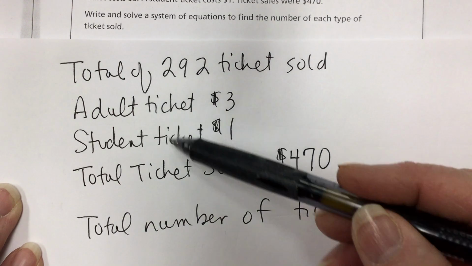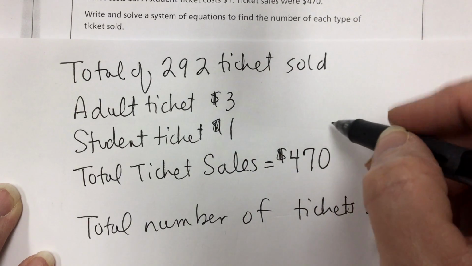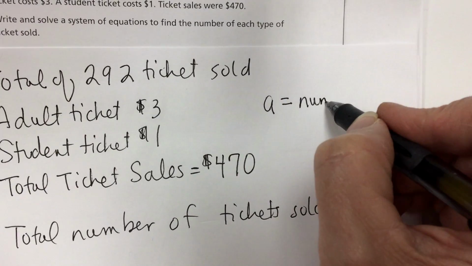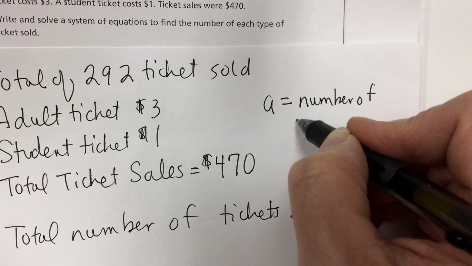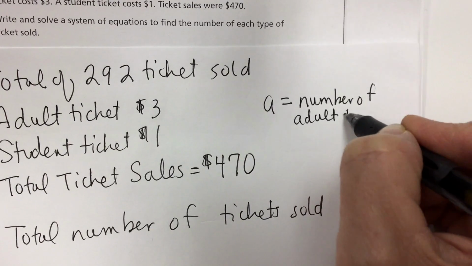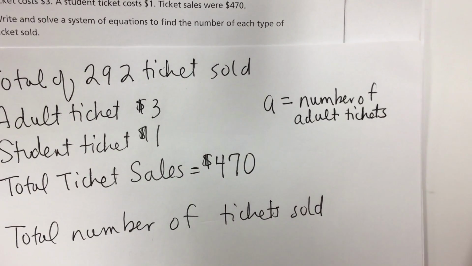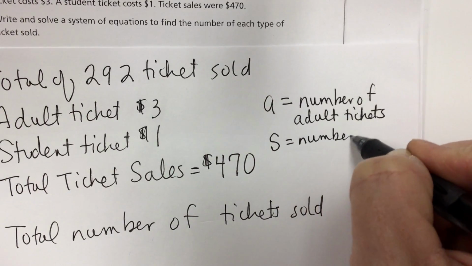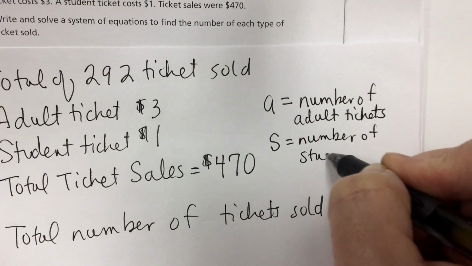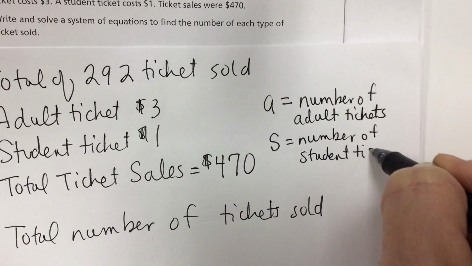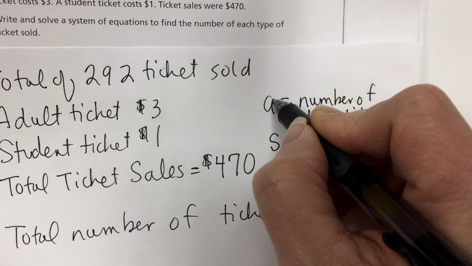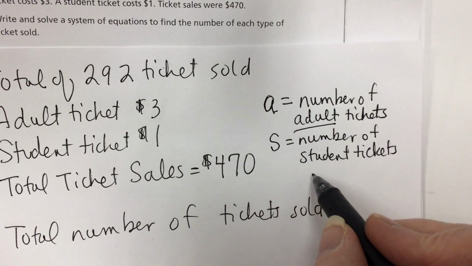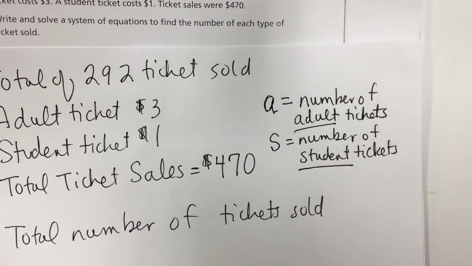Being that we've got two types of tickets, I'm going to let A represent the number of adult tickets, and I'm going to let S represent the number of student tickets. So A is going to represent the number of adult tickets. S is going to represent the number of student tickets.